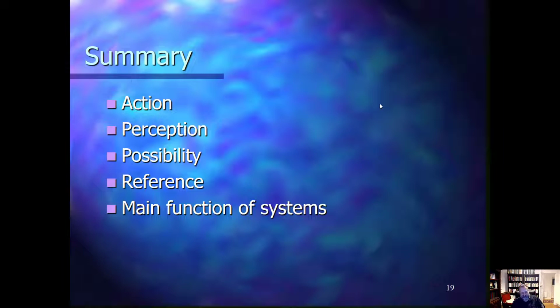So in this way, each communication references a set of prior or possibly simultaneous communications within the system. And finally, we discussed the main function of the system, and we concluded that essentially the main function of the systems is to maintain themselves and reproduce and expand themselves as possible.